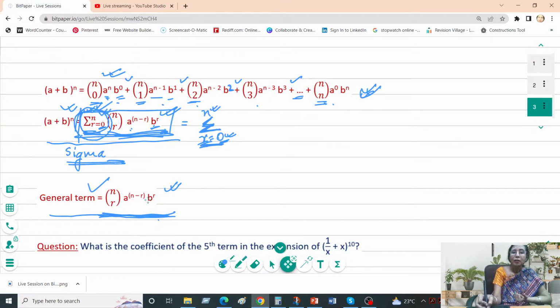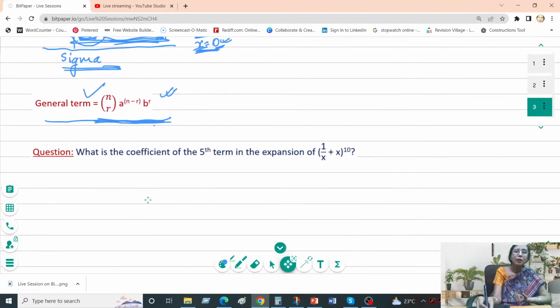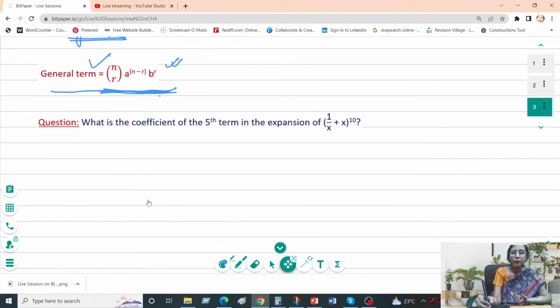Because let us come to this question. We had taken up a similar question as the last question of our last session. Now let us solve this question. Let us get to the answer of this question using the general term. Okay. Now this is the question.